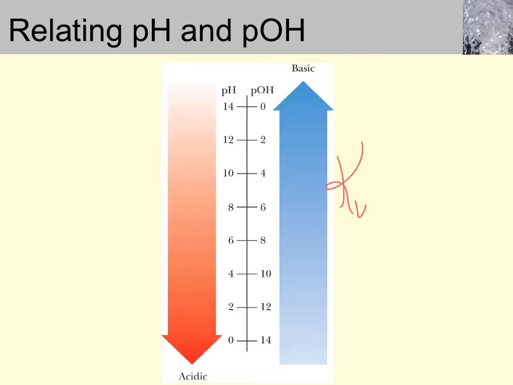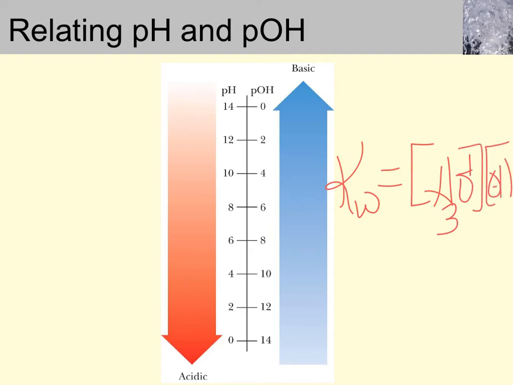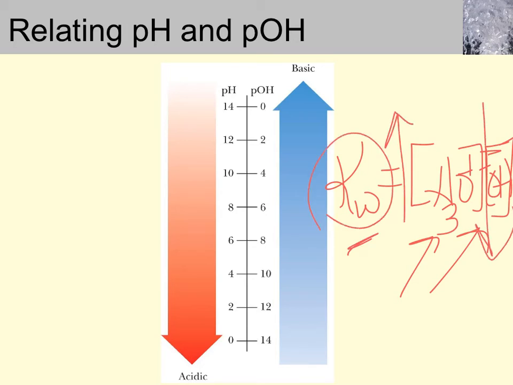Because of the equivalency of hydroxide and hydronium in a neutral solution, I'm going to rewrite what we know Kw to be. The product of hydronium times hydroxide will always be a constant, Kw. And so as one goes up, the other must go down, right? If Kw is going to stay constant, they're inversely related.